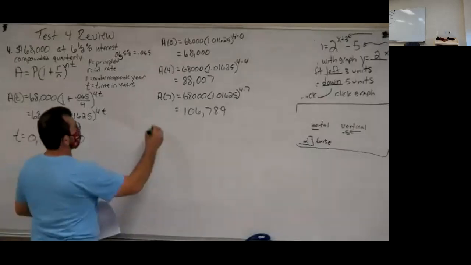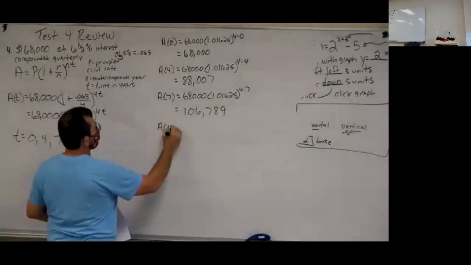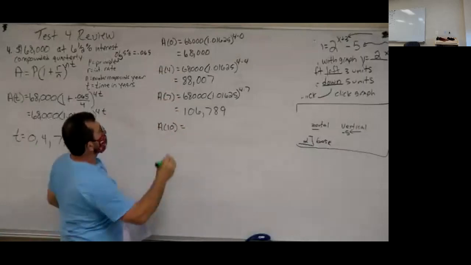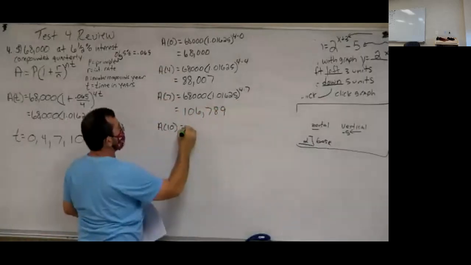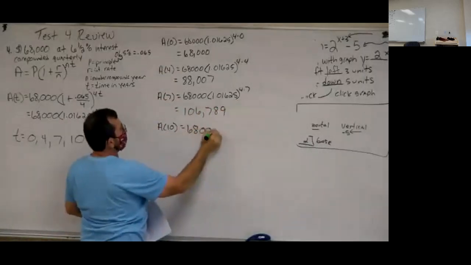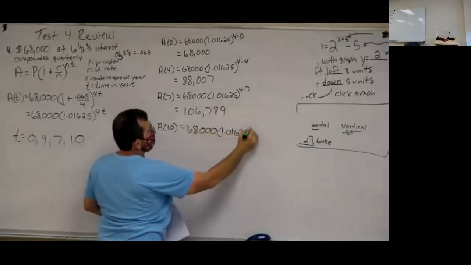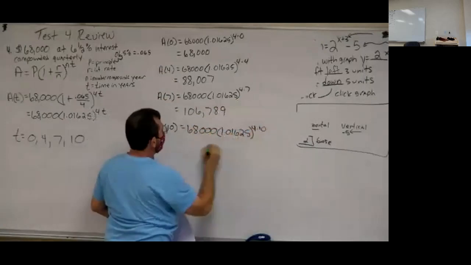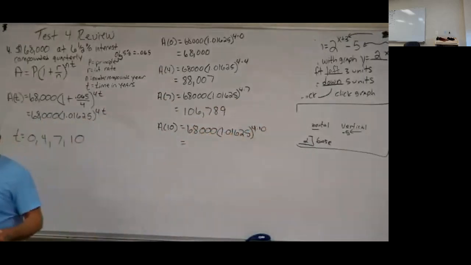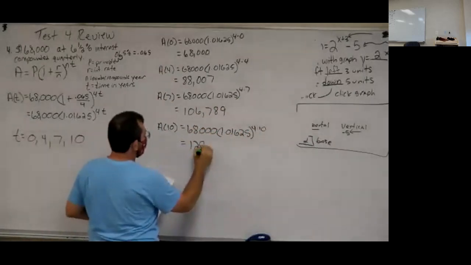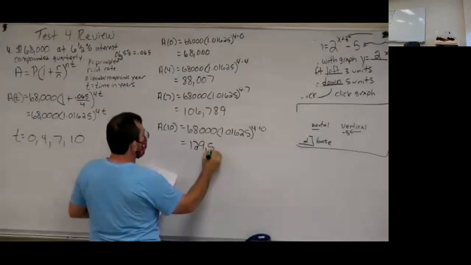All right, last one, A of 10. I'm happy I'm seeing my numbers going up each time. So A of 10, change the 7 to a 10. After 10 years, I came up with $129,578.